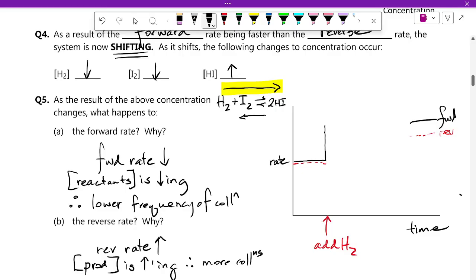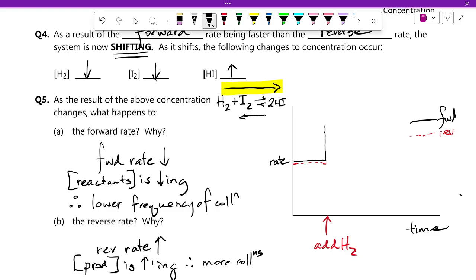And what should those graphs do? How should we show the forward rate decreasing and the reverse rate increasing? What shape should it take? Steep, shallow, flat.